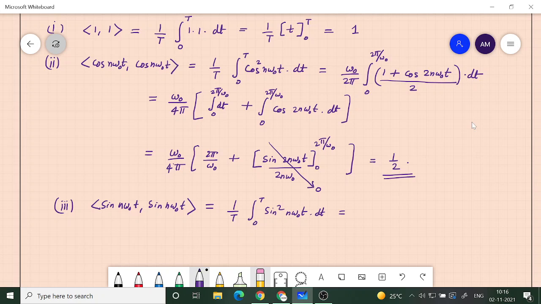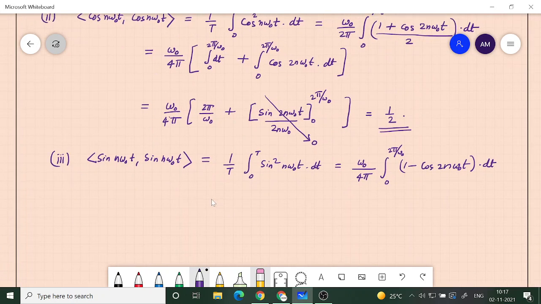Again I use the trigonometric expansion, and I will write it as integral 0 to 2 pi by omega naught of (1 minus cos 2n omega naught t) dt.